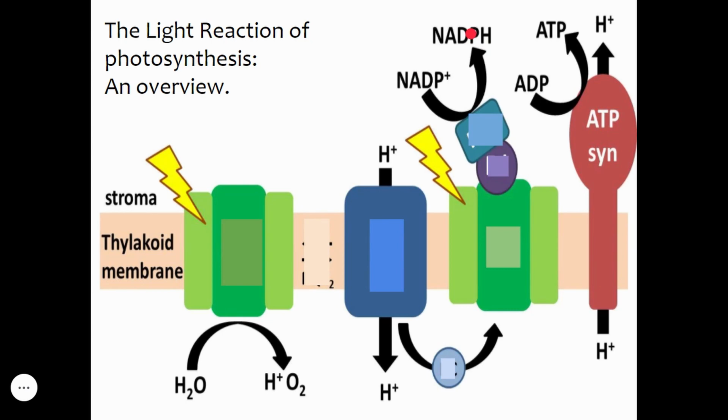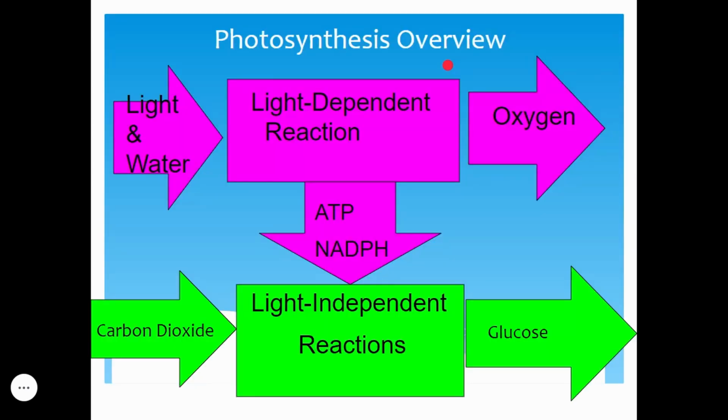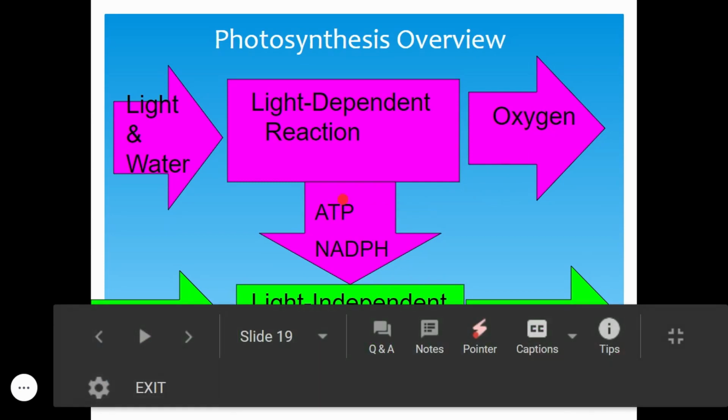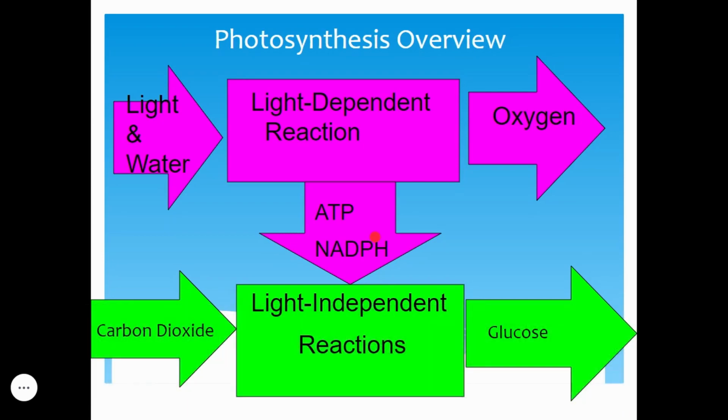So that's what happens in the light reactions of photosynthesis. Now, the oxygen that we made is going to go out of the cell and out of the leaf, and it's going to go into the atmosphere, and we breathe it. The ATP and NADPH that we made are going to go into the light independent reactions, where they will combine with carbon dioxide to make glucose.